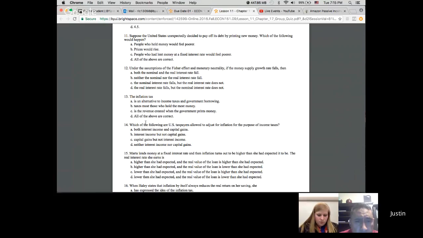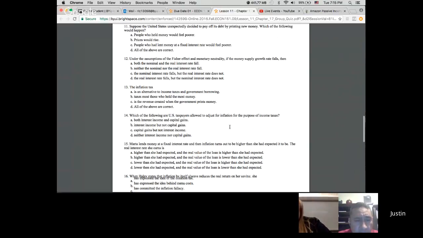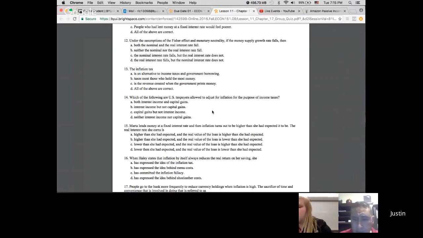Number 13, the inflation tax. I got D. It does all of these things. Yeah, it's kind of tricky, isn't it? I never really thought about that. It's a tax on everyone that has money. I was distressed to learn that we pay taxes on both the income and the gains, and that it doesn't compensate for the inflation rate.